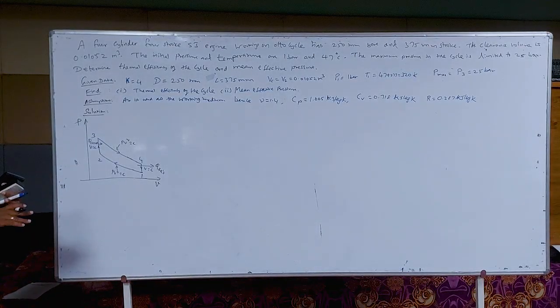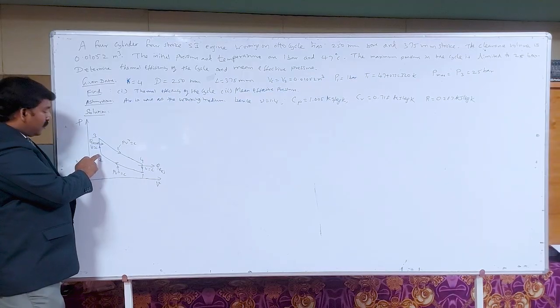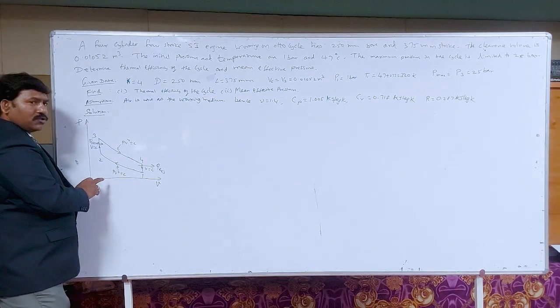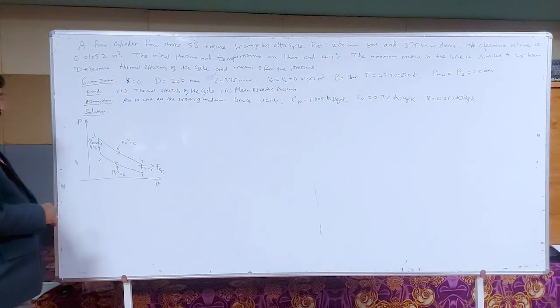So this is the PV diagram. Process 1 to 2 is isentropic compression. 2 to 3 is the constant volume heat addition. 3 to 4 isentropic expansion. 4 to 1 is the constant volume heat rejection process.